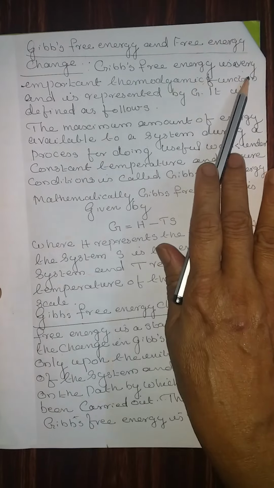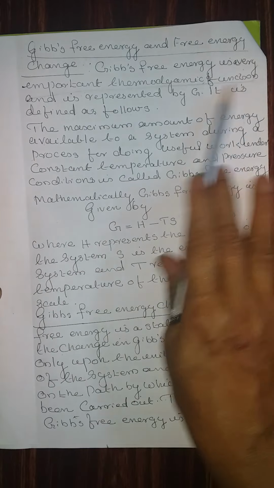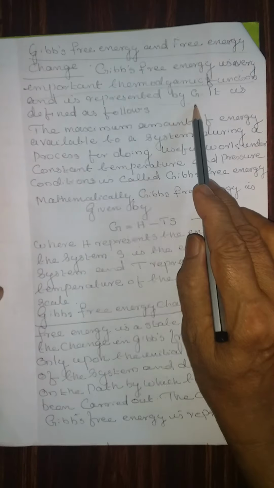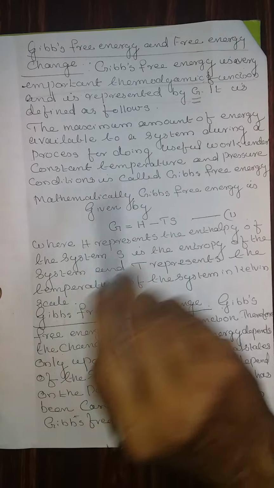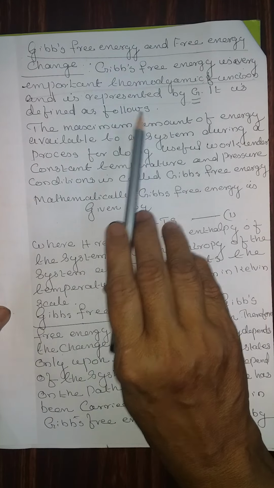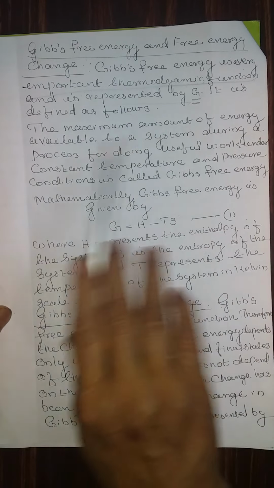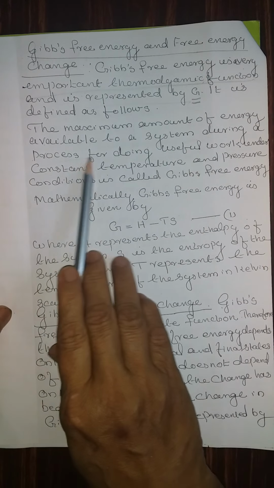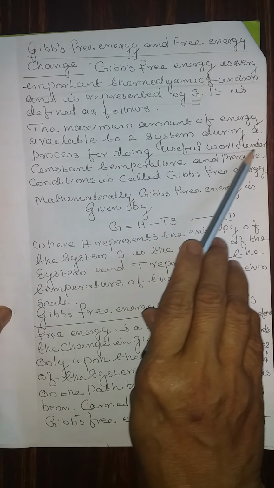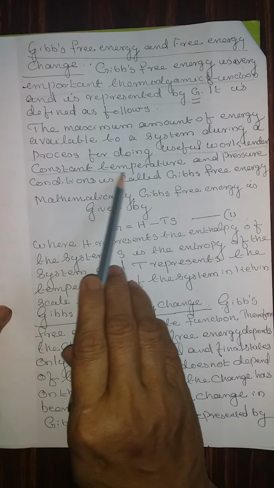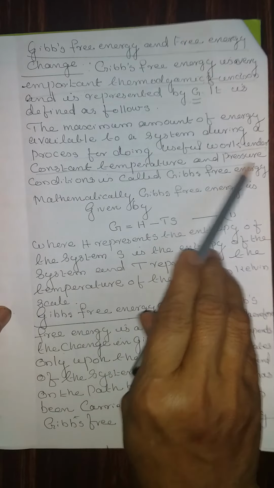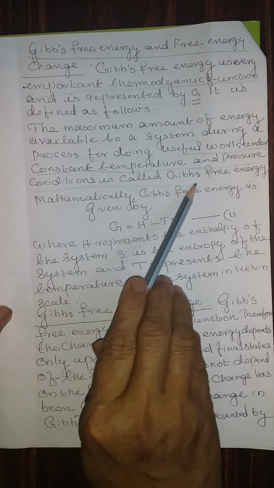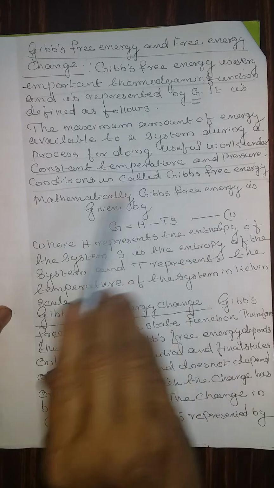Gibbs free energy and free energy change. Gibbs free energy change is a very important thermodynamic function and is represented by capital letter G. It is defined as follows. The maximum amount of energy available to a system during a process for doing useful work under constant temperature and pressure conditions is called Gibbs free energy.